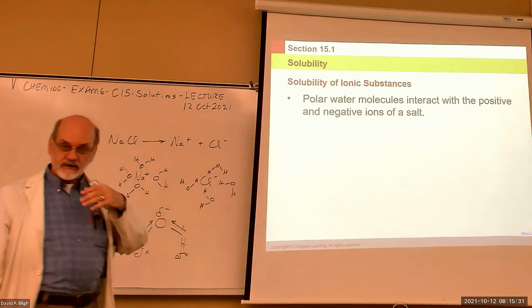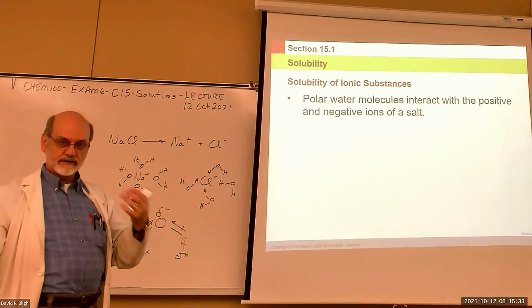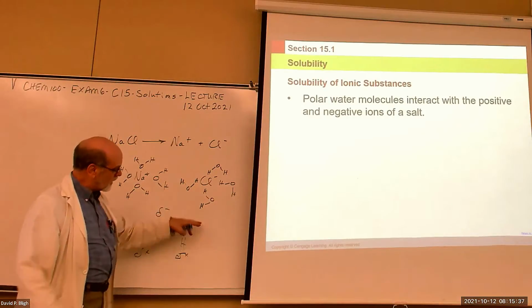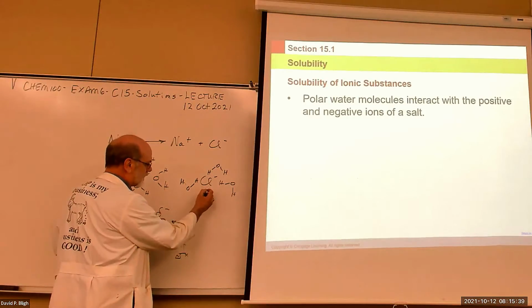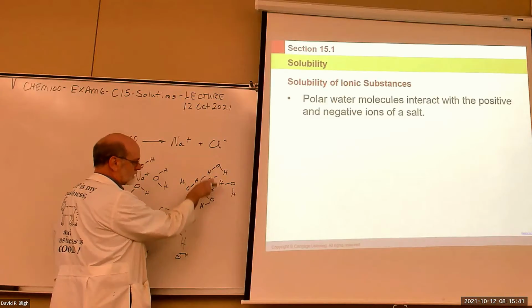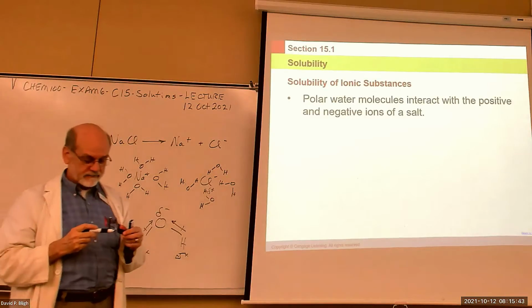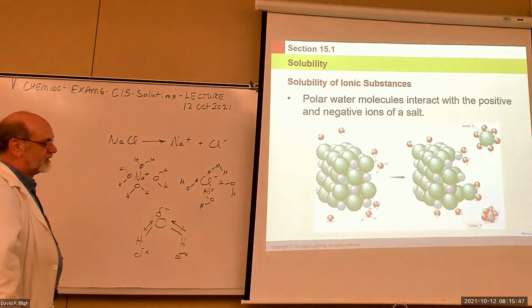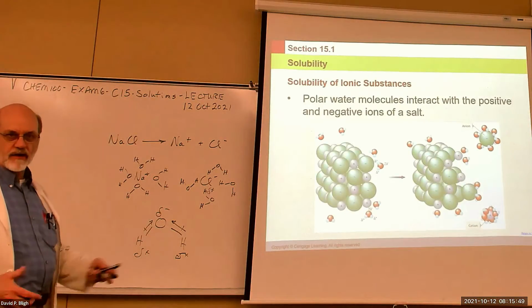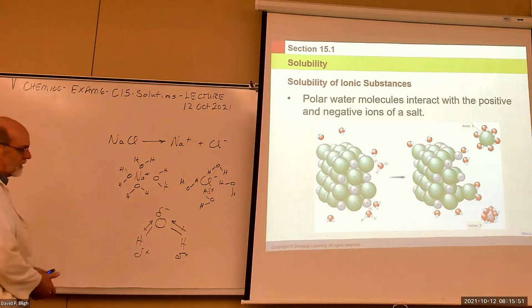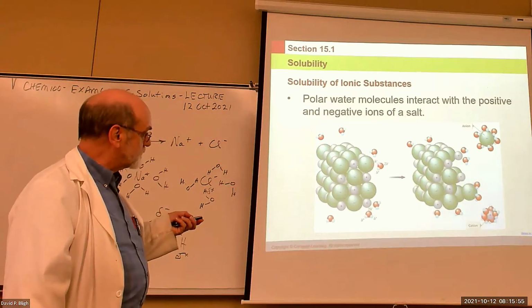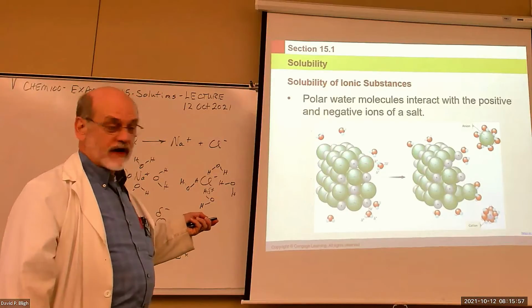And that interaction is what brings sodium into solution and chloride into solution based upon this slight positive interaction with the chloride. And this is what it would look like on the atomic scale, where the water molecules come in and the positives attack the negatives, the chlorides.